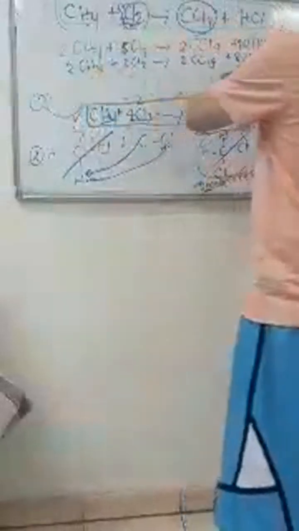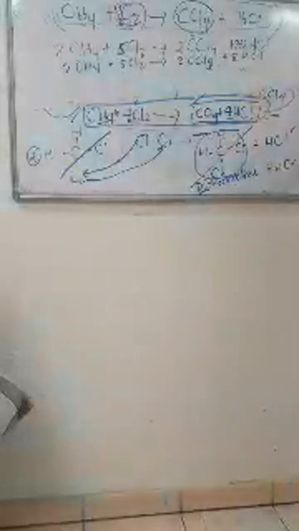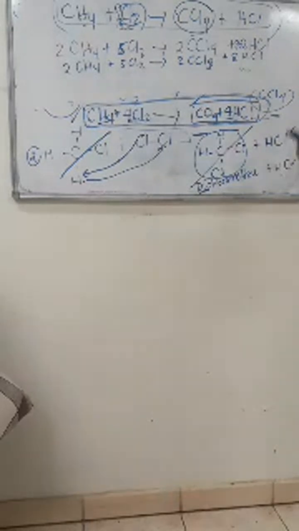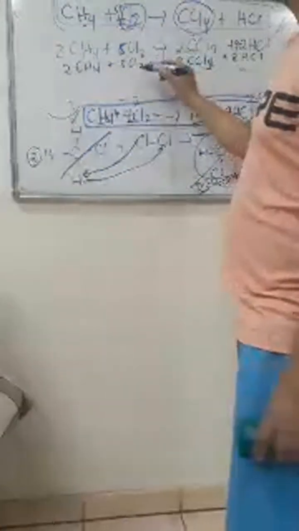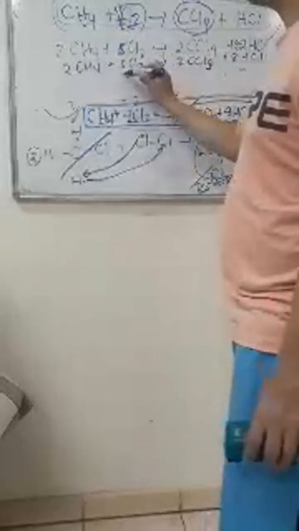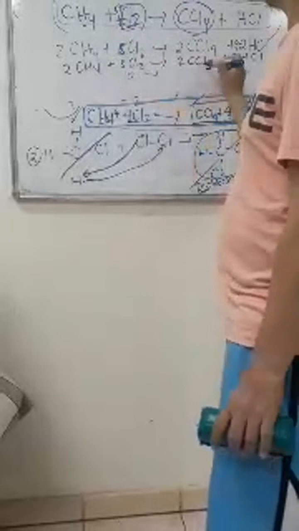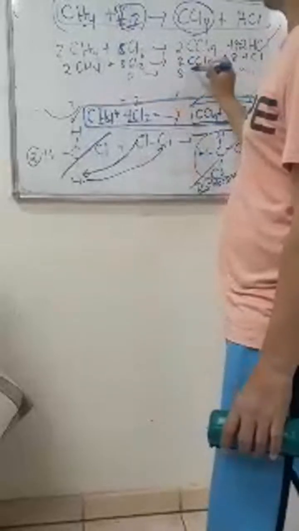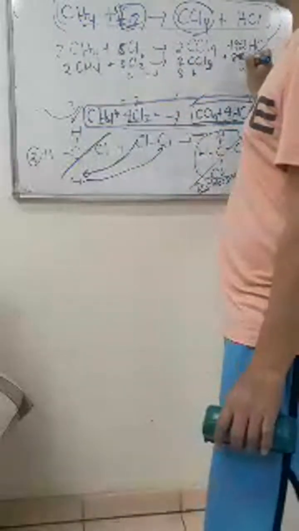So again, algebraic expression. Be patient until such time you will get the correct answer. Now, for the chlorine, balance the chlorine. So, 10 here. Chlorine, 4 times 2, 8. Chlorine, 1 times 8, so 8.